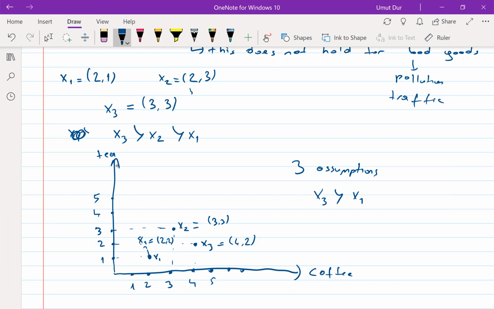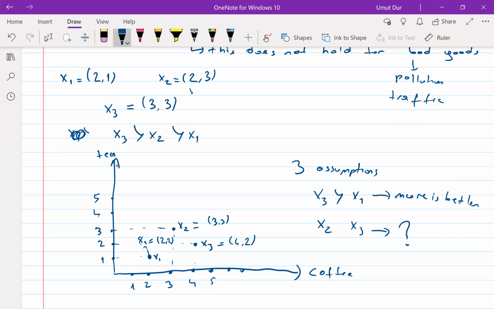How about x2 and x3? Do those three assumptions say anything about x2 and x3? This follows from more is better, but here, just by using those three assumptions, we cannot say anything about x2 and x3.